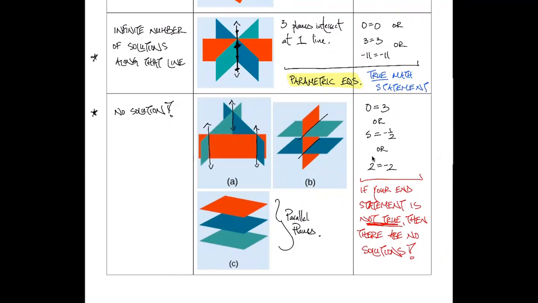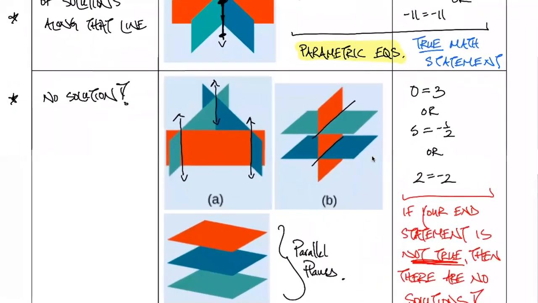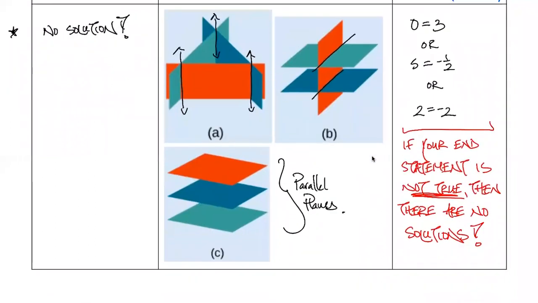Something weird where you know this is not true. If it's not true, it means there's no solution for that particular system, okay? And as we went ahead yesterday, we used the idea that there are three types of solutions.